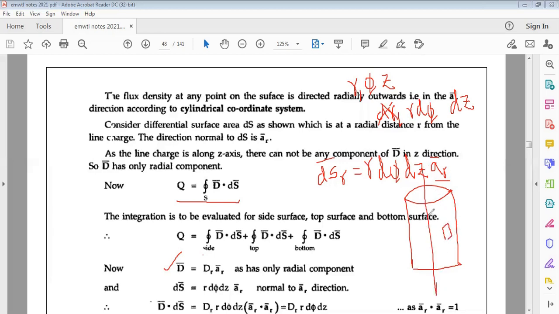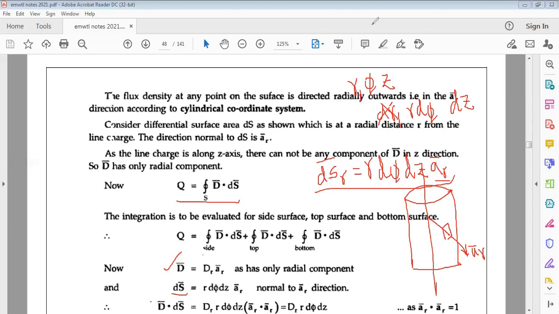The lines of force go radially outside through this surface area along the AR bar direction. So I assume D bar is equal to D r into AR bar, as only the radial component. And ds, in the AR bar direction, is the differential surface area normal to the r direction, r into d phi dz into AR bar.